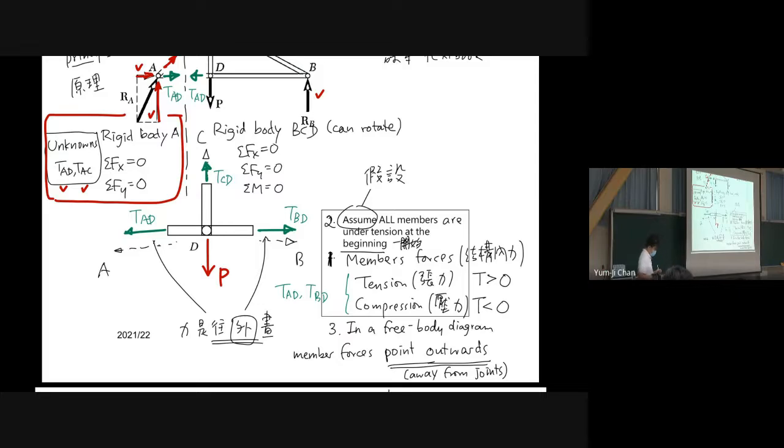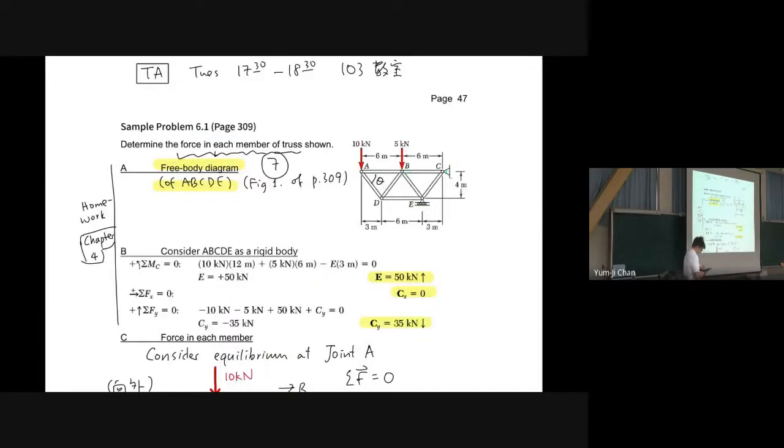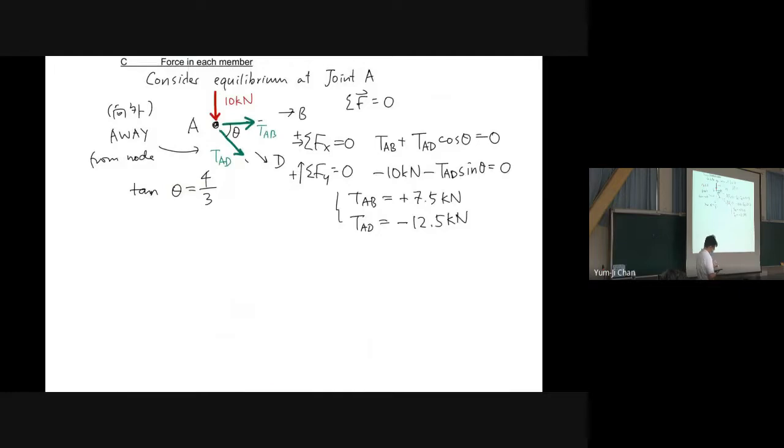So here we go back to sample problem 6.1. If TAB is larger than 0 and TAD smaller than 0, it means this one is in tension and this one is in compression.